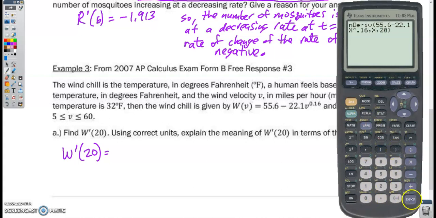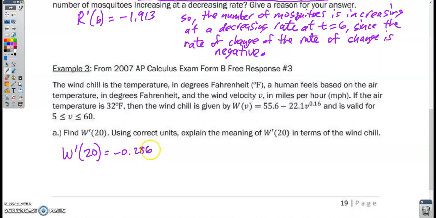I hope I typed all of that in okay. And we get negative 0.286, negative 0.285 acceptable. We can truncate there instead of rounding.